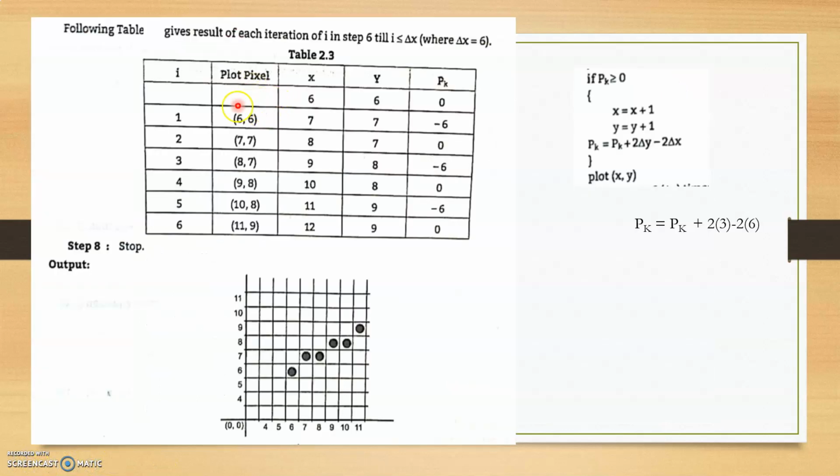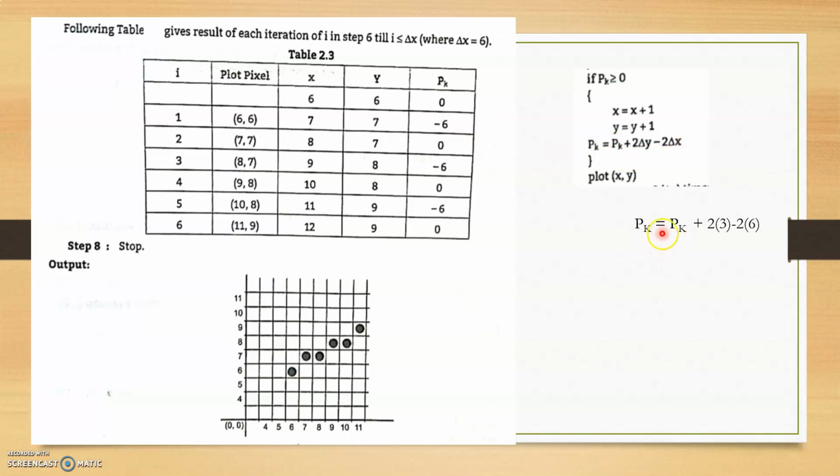Here we got our first pixel 6, 6. So according to our condition, here pk is 0, so we will follow this block. The value of x will be incremented by 1 and the value of y will also be incremented by 1, and pk equals pk plus 2 delta y minus 2 delta x.